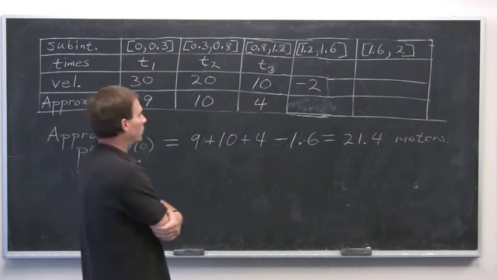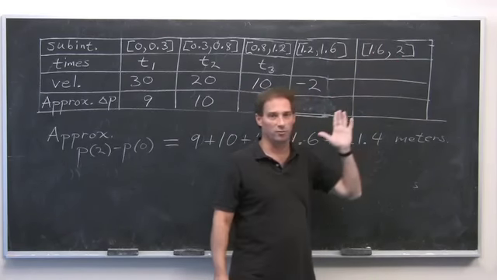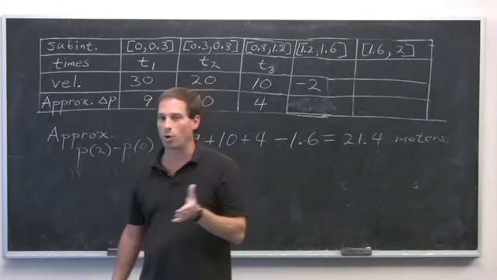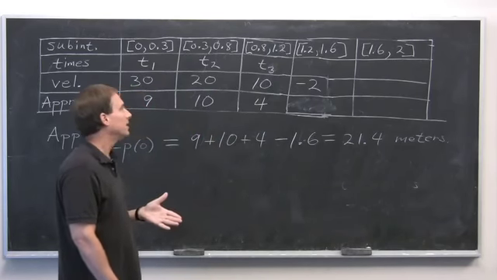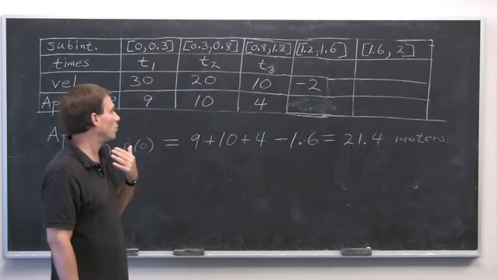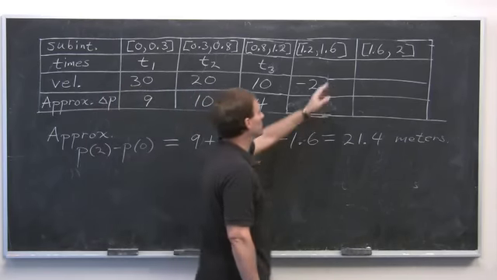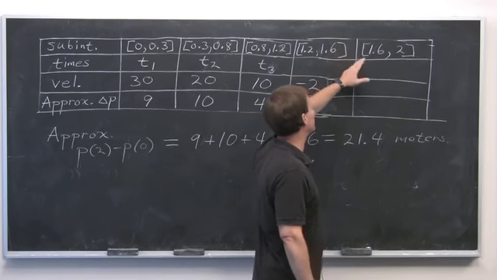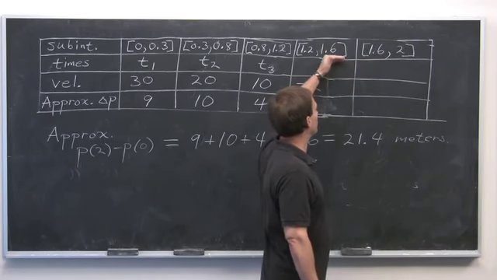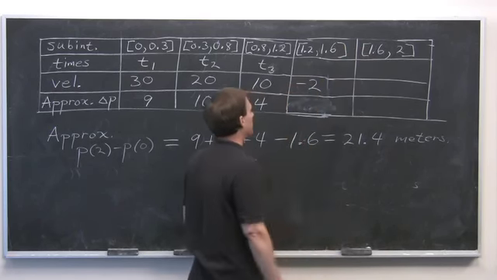T4 was somewhere between 1.2 and 2. So it's in one of these subintervals. Without more data, we don't know where T sub 4 is. One piece of data would be, what is T4? Or if T4 is 1.6, it's in both of these subintervals because they're closed, and we could put it either place and pick one and need data in the other subinterval.